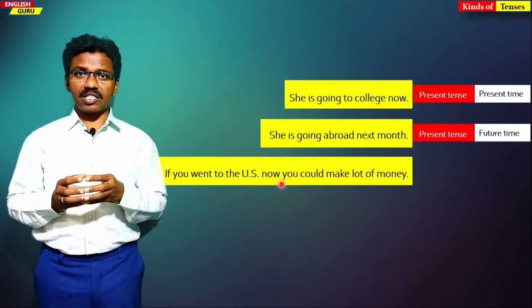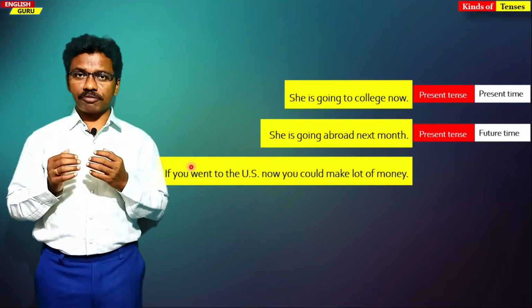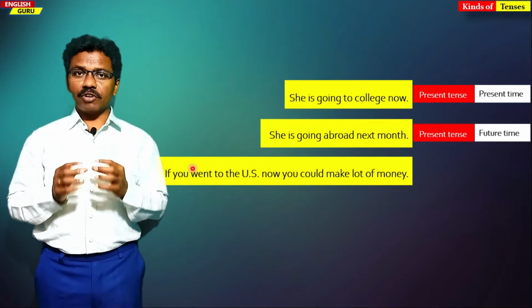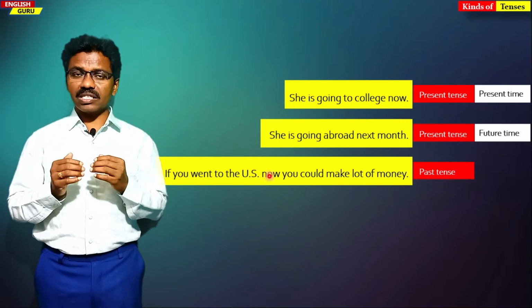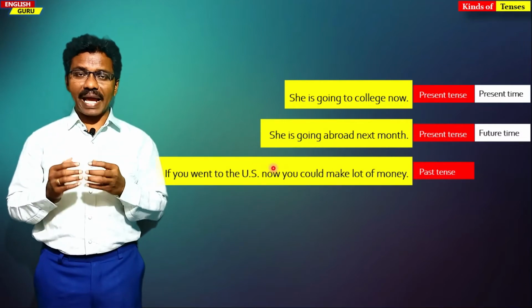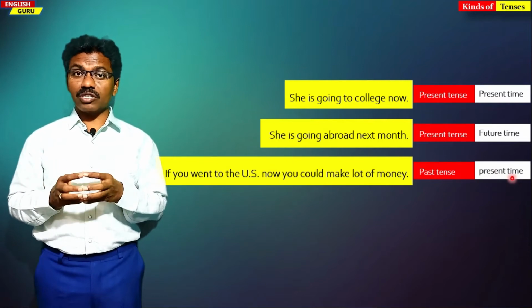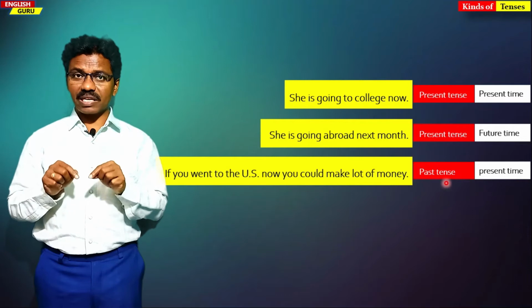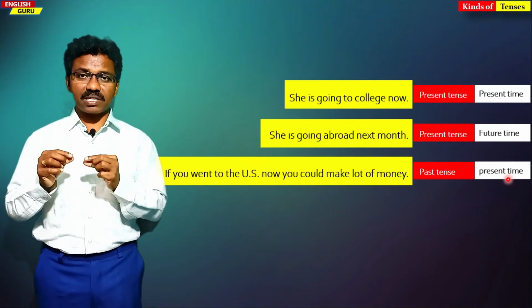In the next sentence, if you went to US now, you could make lot of money. So here the verb is went. So past tense. The sentence is in past tense. And what about the action? Now. So now is a present time. So it is talking about present time, present action. So the sentence is in past tense, but the time is present time.